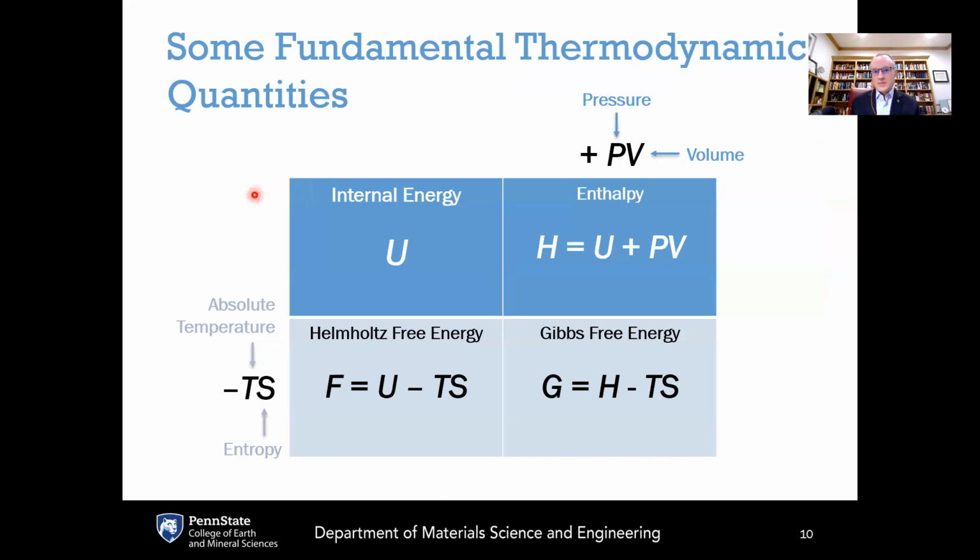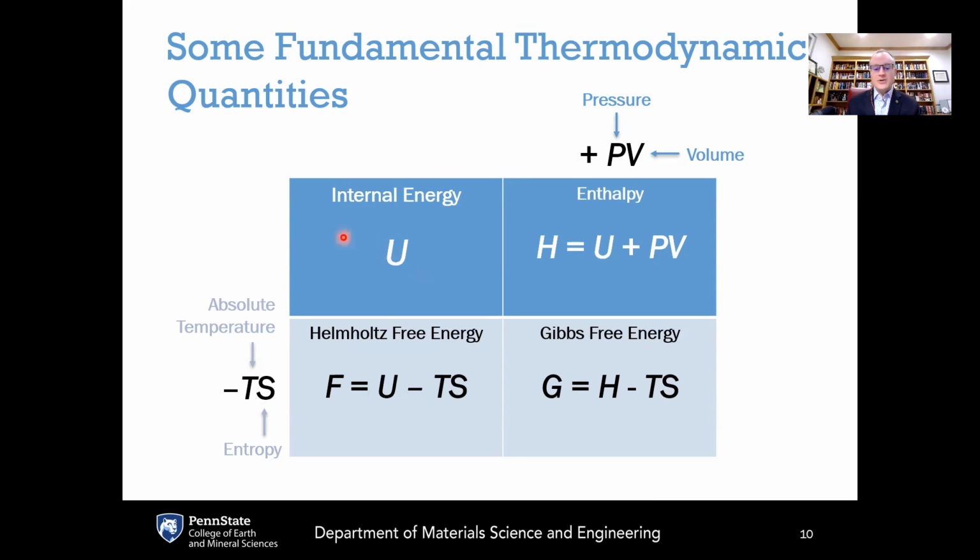Now let's review some fundamental thermodynamic quantities that we will be making use of throughout this course. The way that I remember these is in this kind of 2x2 matrix, this mnemonic shown here, where we start up here in the upper left quadrant with the internal energy.